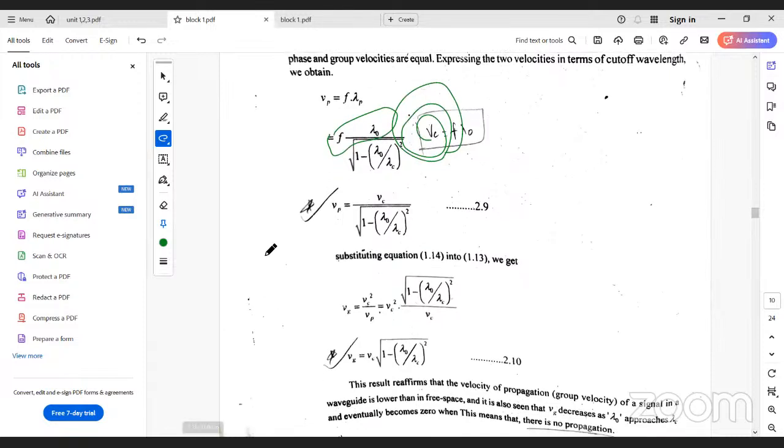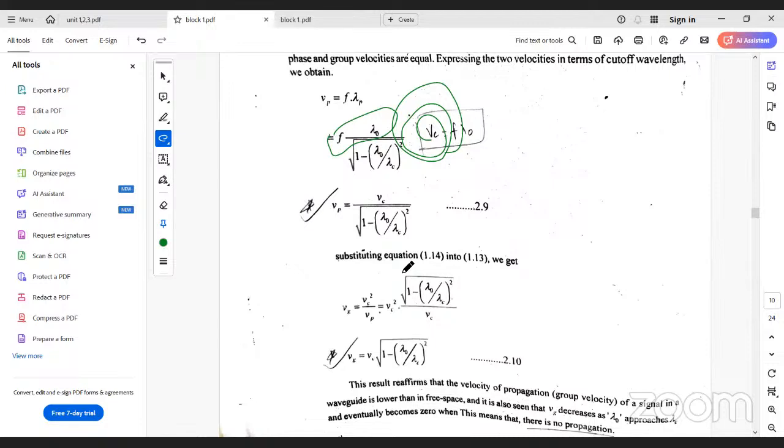And I am using this, substituting equation 1.14 into 1.13. Where do we have 1.14 and 1.13? Just turn back and check. Those are from unit 1.